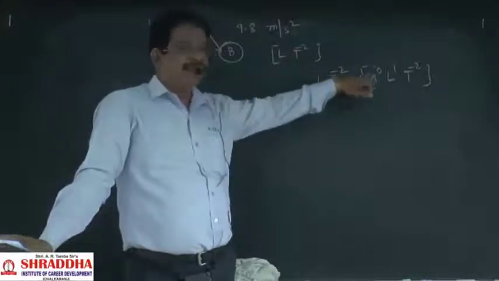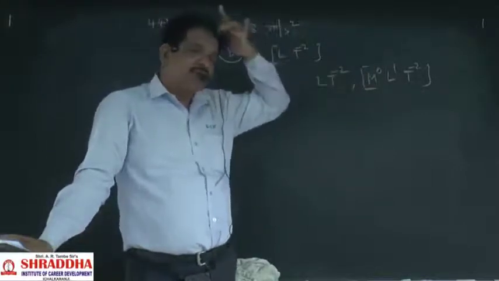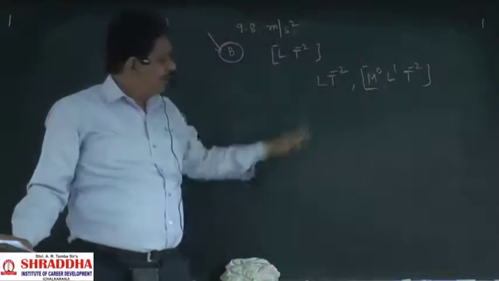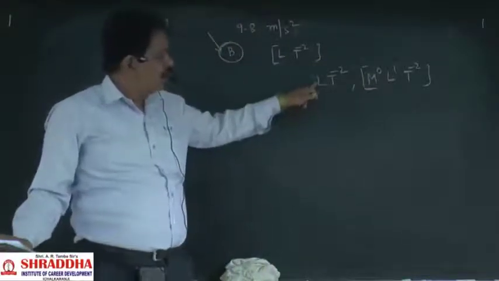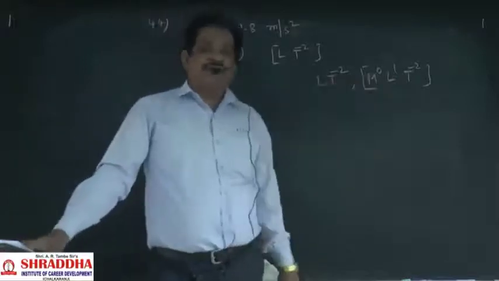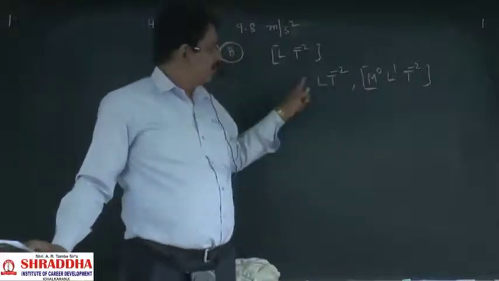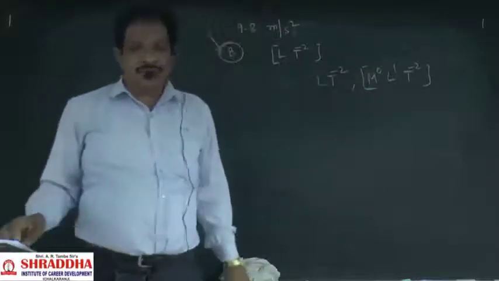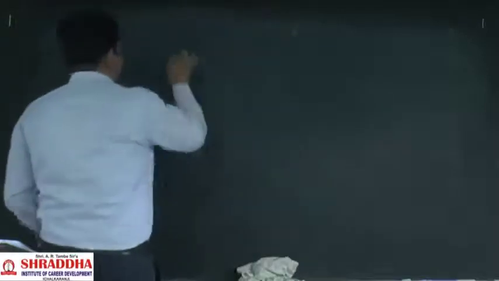That's why quantities having power 0 we will not mention. If you write like this also it is correct. If you write like this also it is correct. So that's why we are saying like this. No need to get confused. Okay. 45.